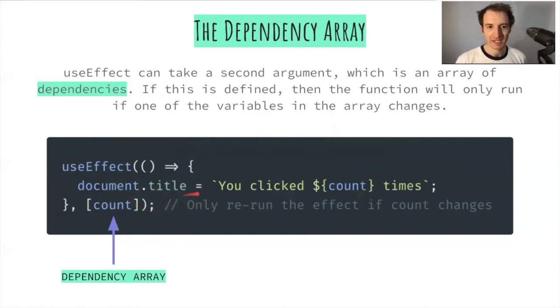So in this case, we're only going to be updating the page's title if the count variable changes. We're not going to do that if, let's say, there's a form inside of the component and somebody's typing their name into it, and every time that's updating the state, usually that would trigger this useEffect function every time. But instead, we're just saying, okay, I only care about the count changing. Whenever that count changes, I want to update the title in this case.